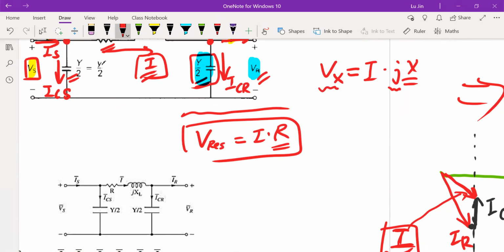So if the voltage angle of this thing is theta Vx, that must equal theta, the angle of the current I, plus 90 degrees.